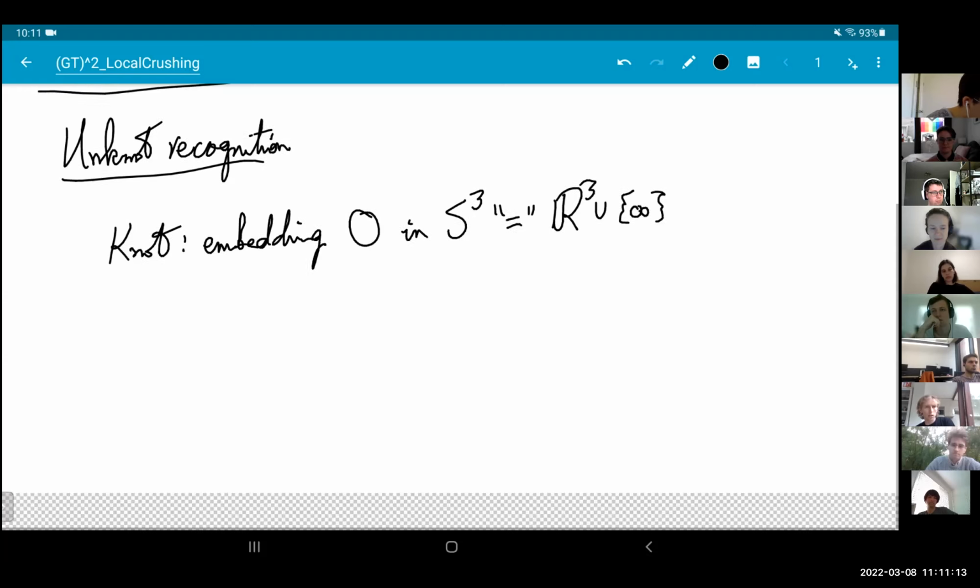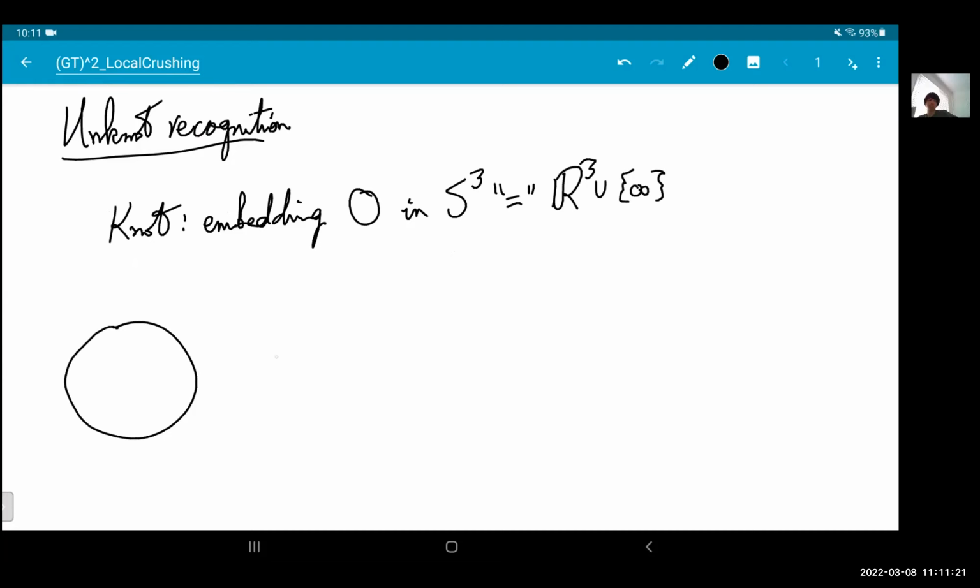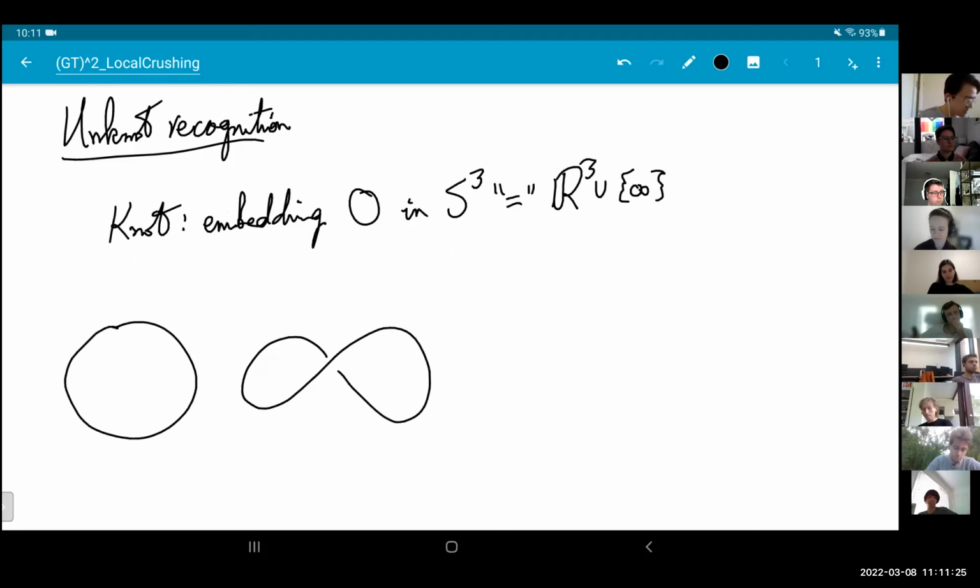So I should draw some examples. Here's an example, a very boring embedding. Here's another example. What's happening here is I've drawn a gap, and that's basically just to indicate that this bit is passing over the bit with the gap in it.